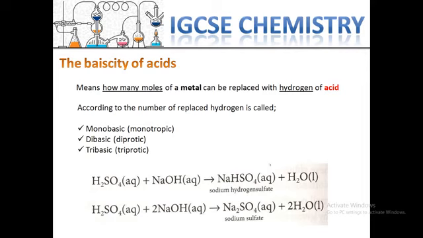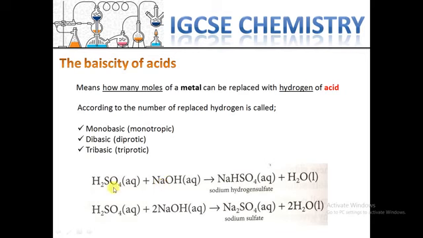Here there is one example of a dibasic acid, sulfuric acid. You have sulfuric acid here, and it reacts with sodium hydroxide. This sodium, which is a metal, can be replaced by the hydrogen of your acid, as I mentioned here.